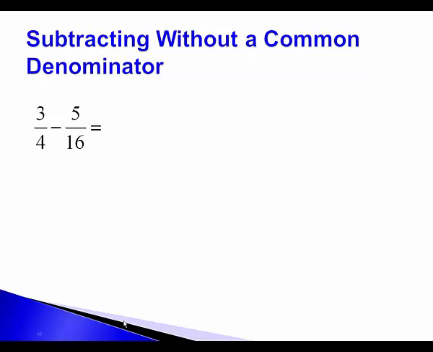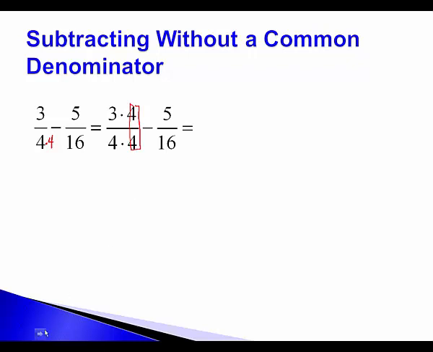So if I give you 3 over 4 minus 5 over 16, the first step we need to do is get a common denominator. Now remember, we're trying to find something that we can multiply one of them by so that they will match. So in this case, if I take the first fraction, I notice that I can multiply this by 4, and that would give me 16. But remember, we'll do it to the top and the bottom both, just like we did in addition.